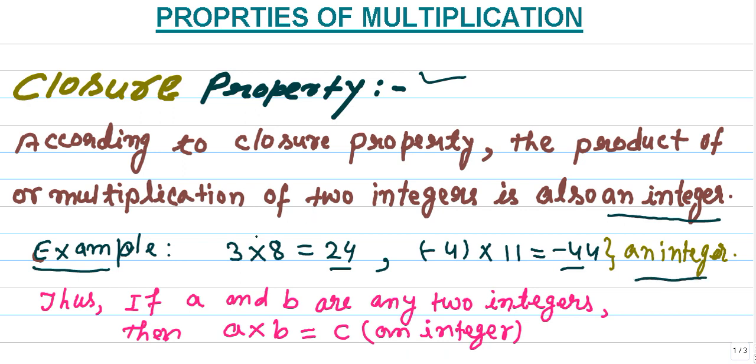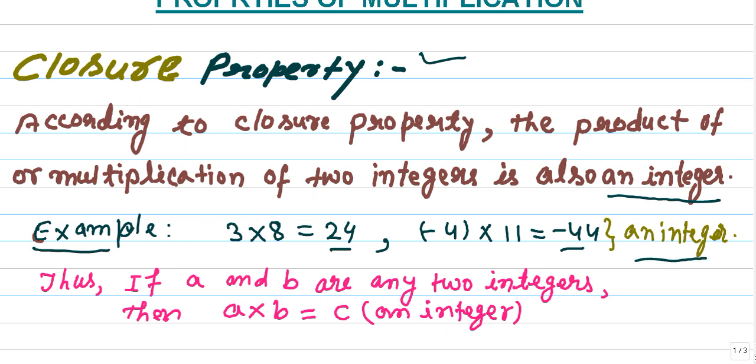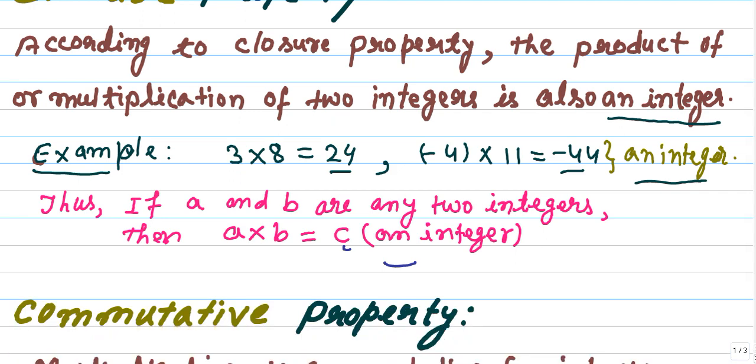So we can say that if a and b are any two integers, then a into b equal to c, and c is also an integer. So the closure property says that when we multiply integers, we get an integer.